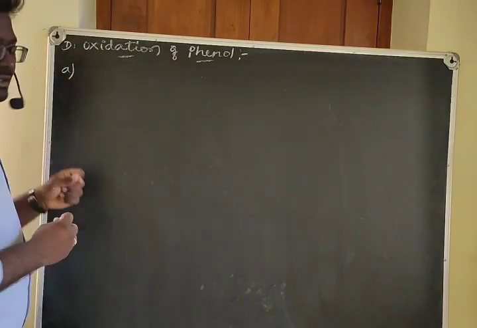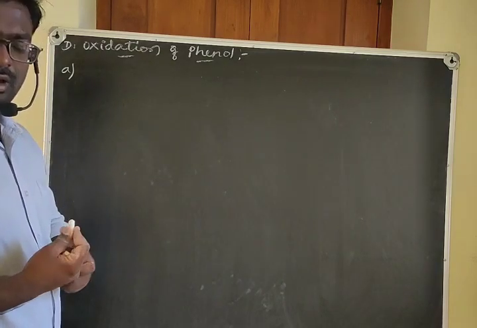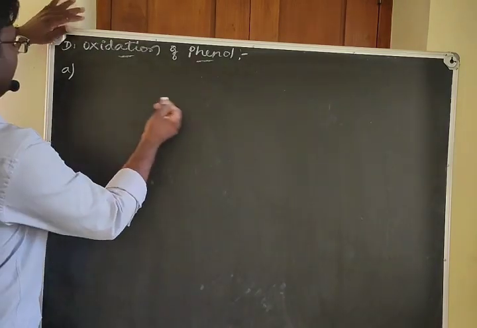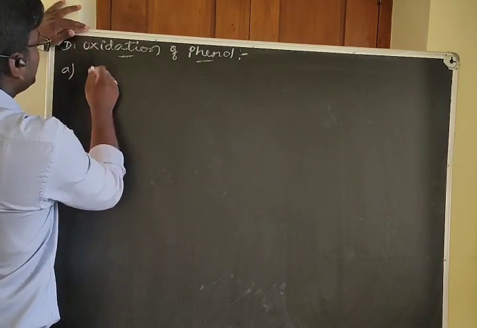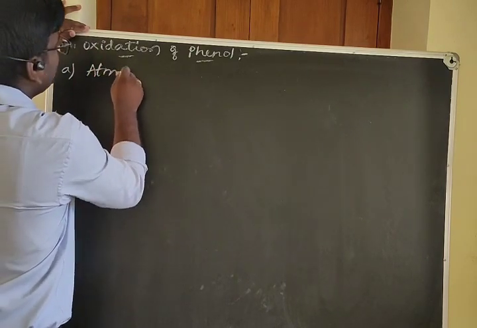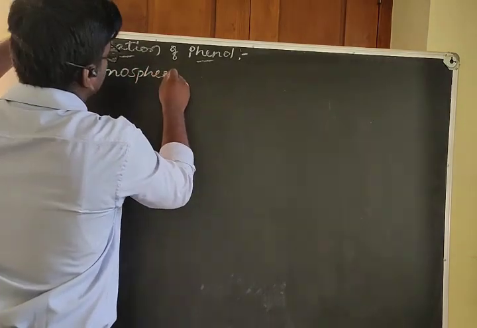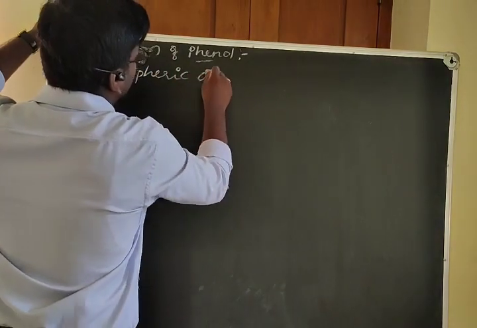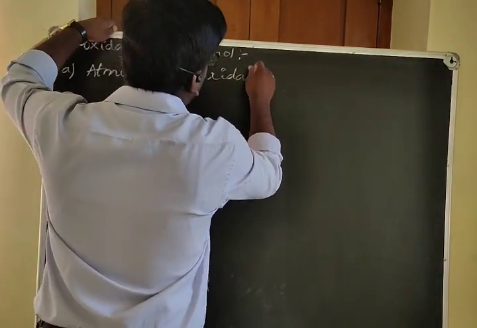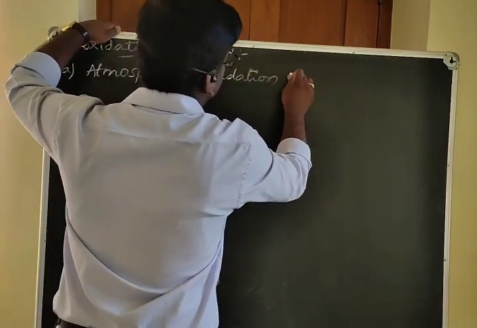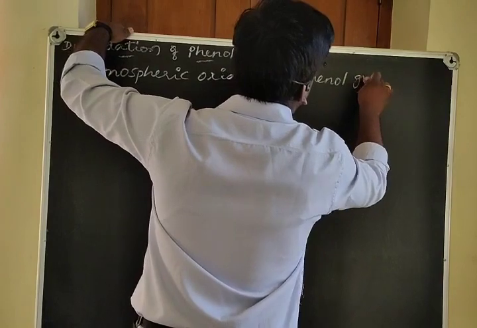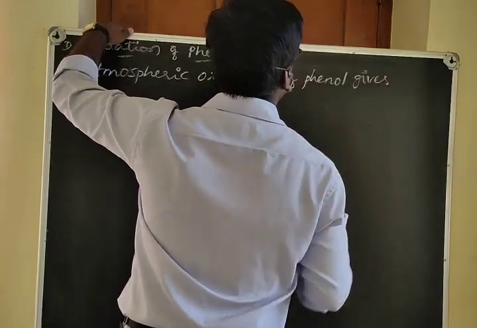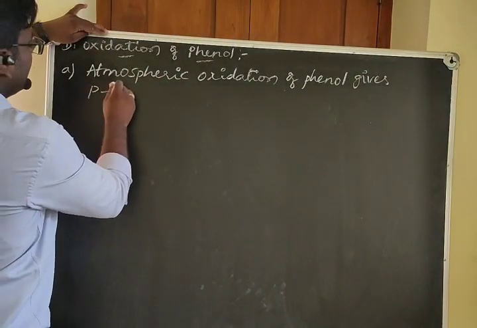One is the normal or natural oxidation of phenol, that is atmospheric oxidation. Atmospheric oxidation of phenol gives para-benzoquinone.